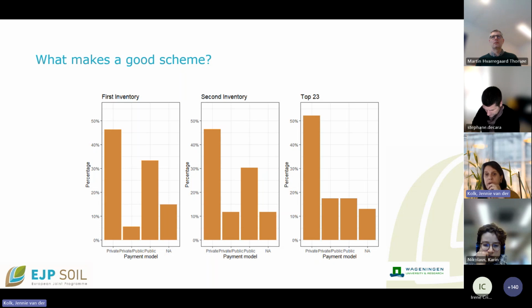What you see here is that there's not that much difference in this overview. The private paid schemes are a little bit higher, but the public schemes are less in the top 23 schemes, the best scoring schemes.